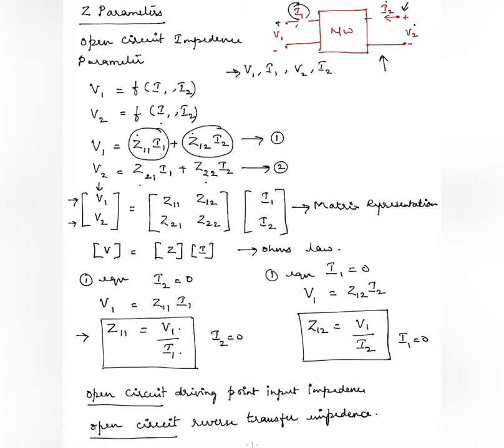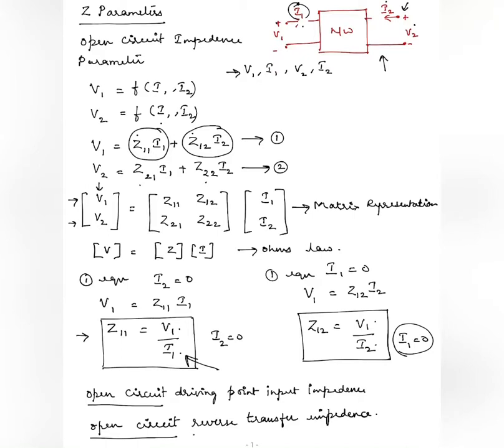As I have already discussed, I1 is 0. I1 is 0 means the input terminal is open circuited. That means the current cannot flow here. So I1 is 0. Reverse transfer impedance. Now in the first case, it was V1 by I1, where V1 and I1 were on the input side, right? But here you have V1 on the input side, I2 on the output side.